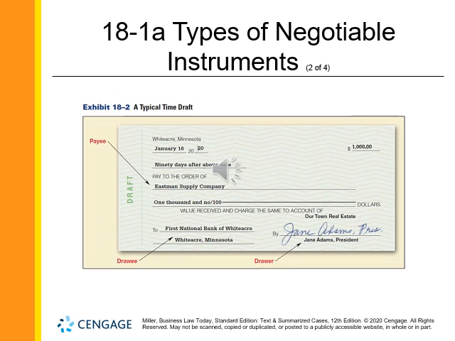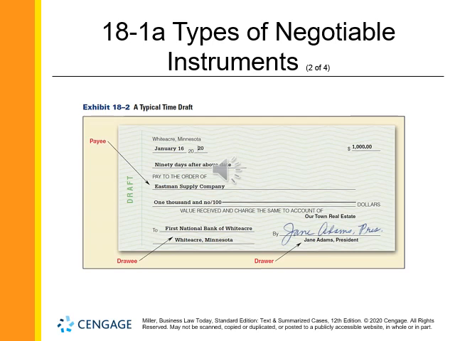This is an example of a typical time draft. You'll notice that while the draft is dated, just like a check would be, in this case January of 2020, the actual payment date is written out in words, 90 days after above date, which would in fact be a date in April. It still has a pay to the order of line for the payee, in this case the Eastman Supply Company.